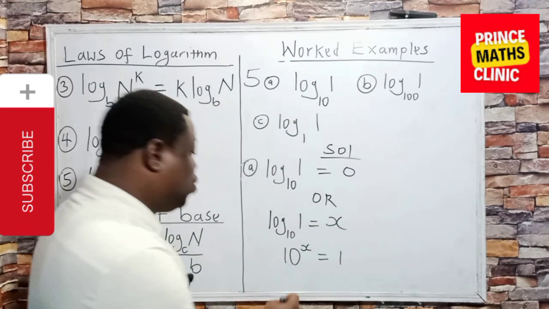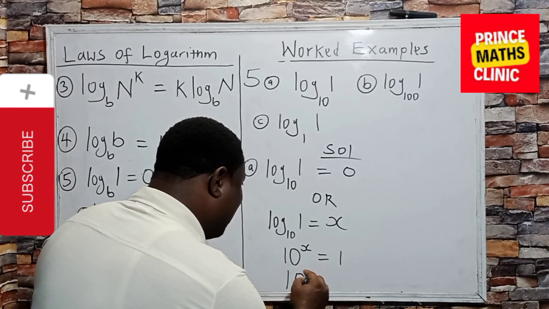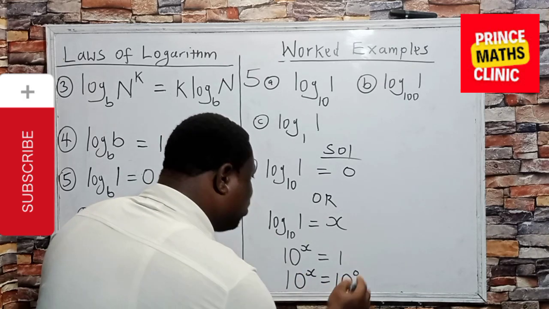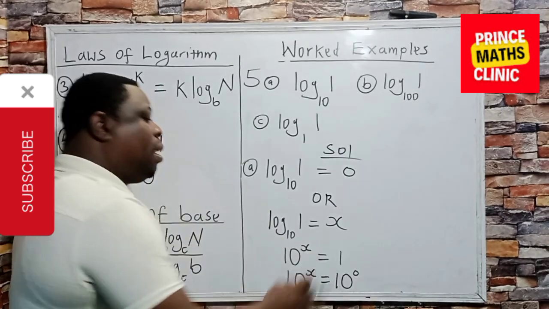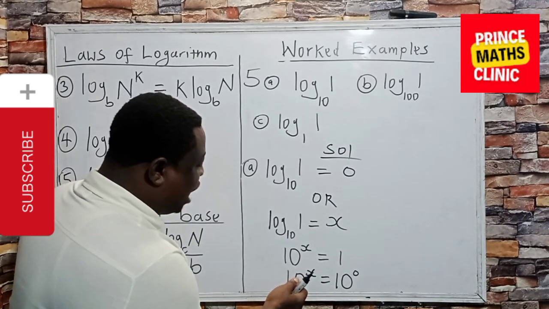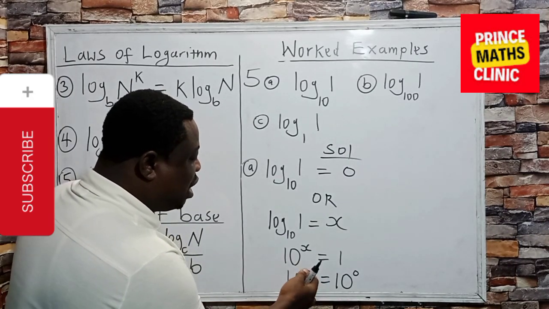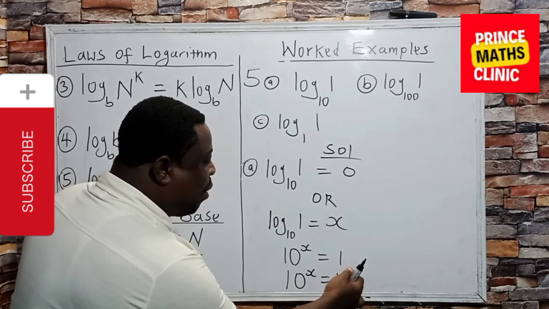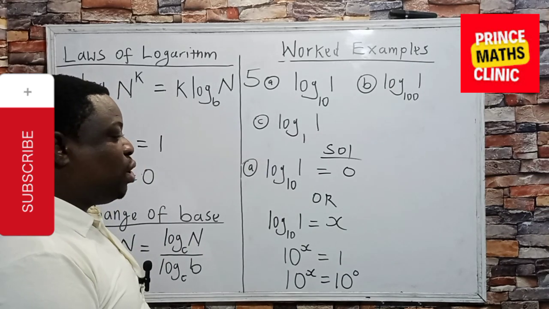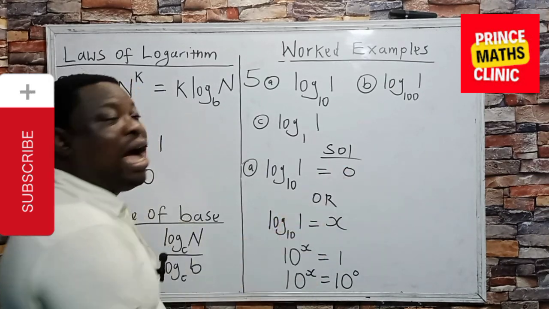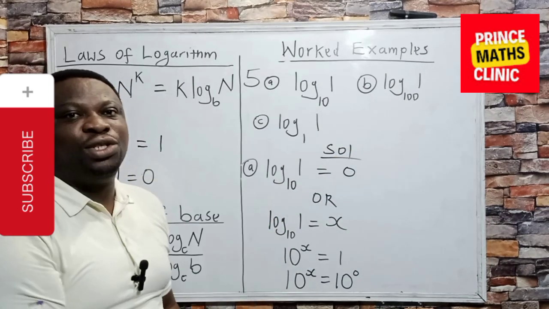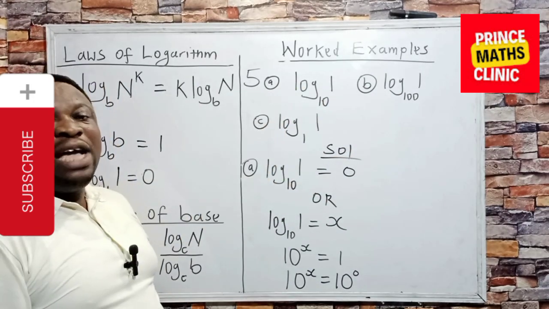The only thing you can do is to say 10 to the power of x can only be equal to 10 to the power of 0, because anything to the power of 0 gives you 1. And now you can see that the bases are the same, therefore the powers are equal. Therefore, if x is the power, that means x is 0, which you have here. But I think this is quite shorter. Just know that it is 0. Just assign 0. Good.